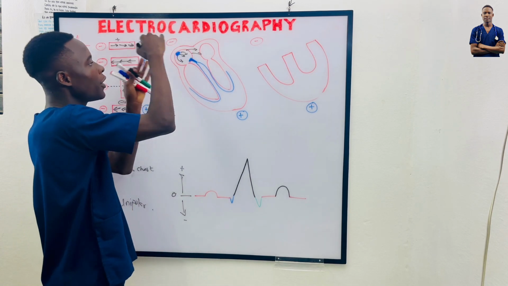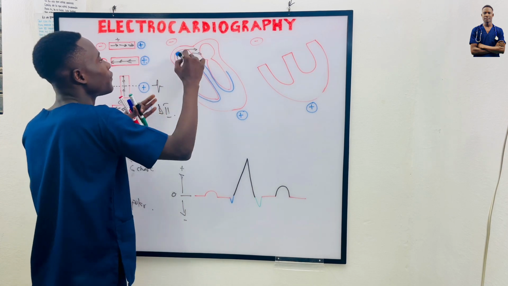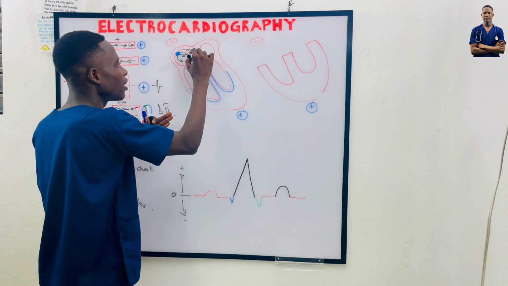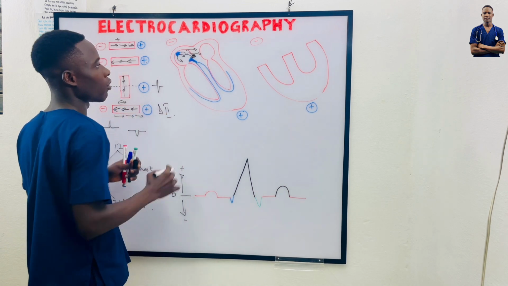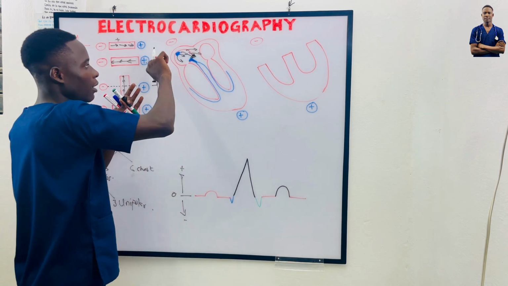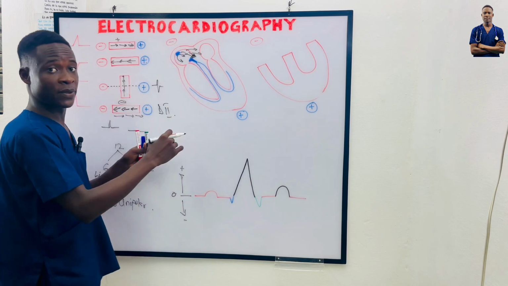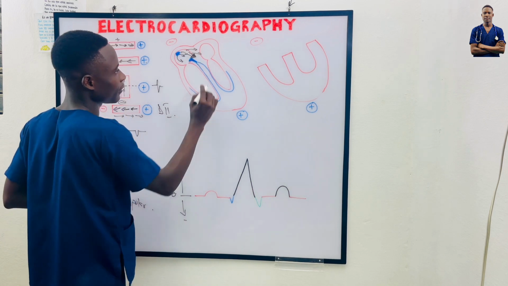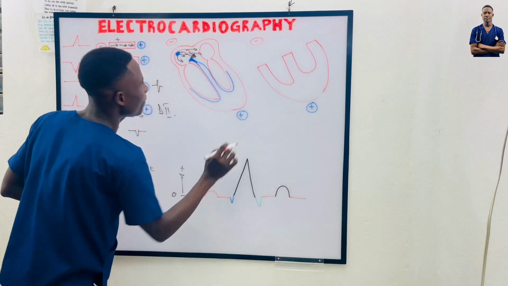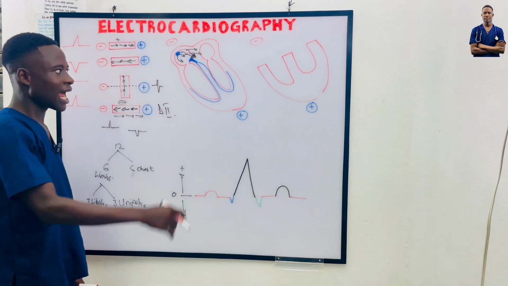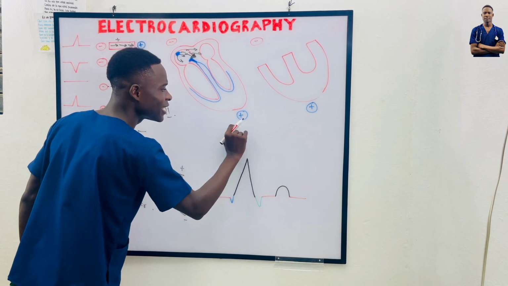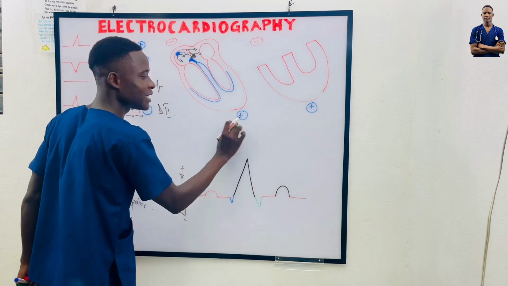We have various movements of the electrical impulse, but we have one common vector among all the vectors that will be generated. This one common vector will be moving towards the apex of the heart. And as it moves towards the apex, the electrode over there is a positive electrode.